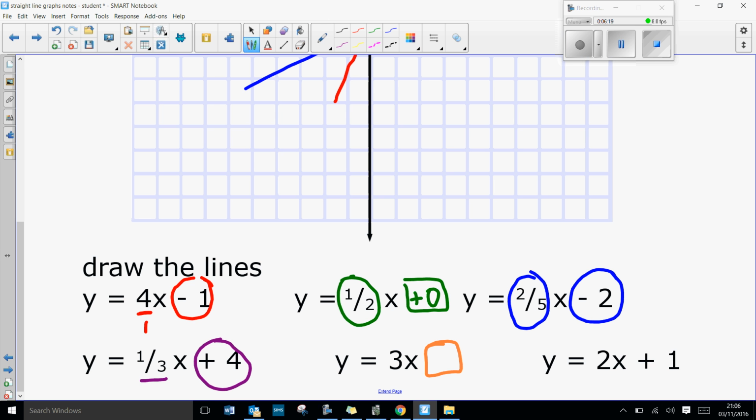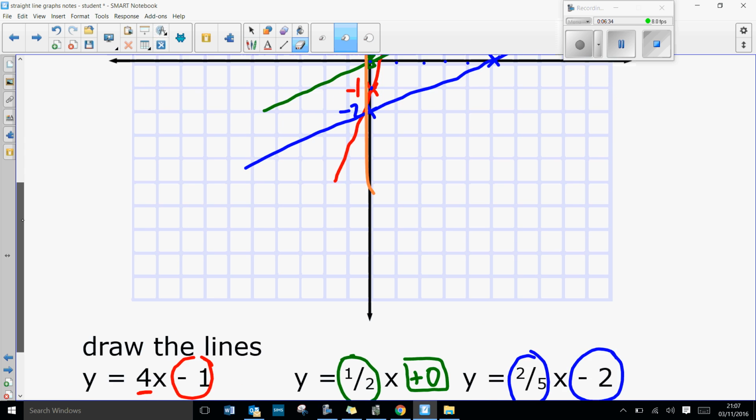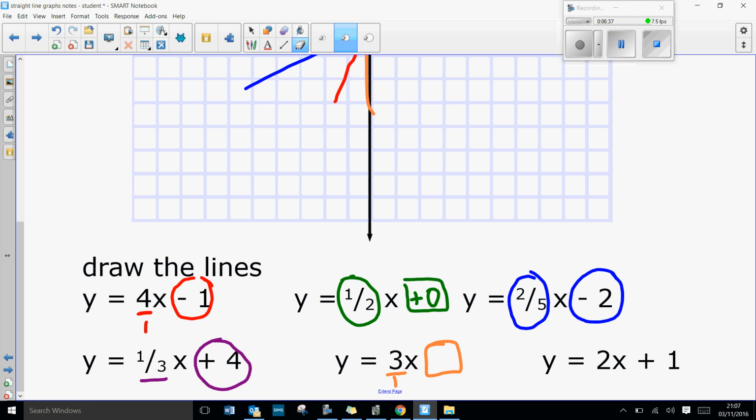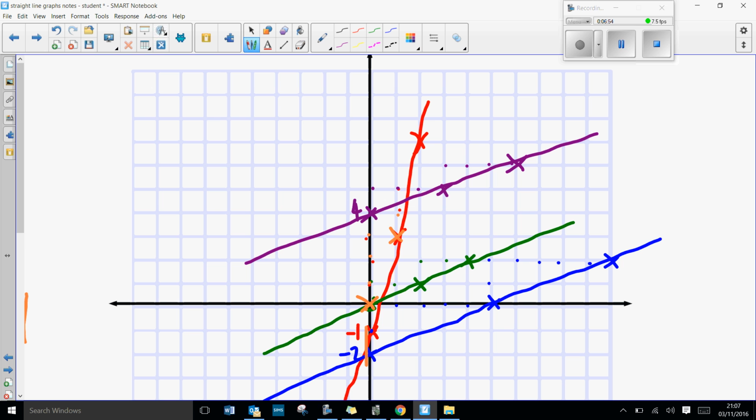And our gradient for this one is 3, so we need to have that as a fraction, so it'll be 3/1. So we're going to start this one at 0. And we're going to rise 3, 1, 2, 3, run 1. Rise 3, 1, 2, 3, run 1.